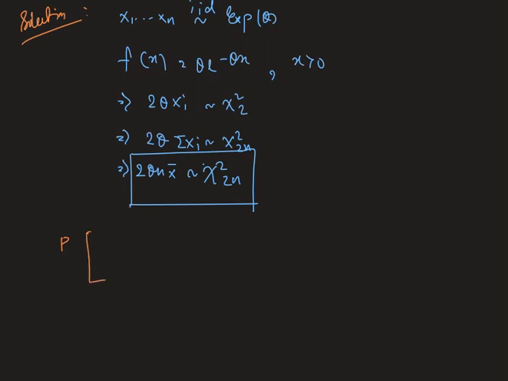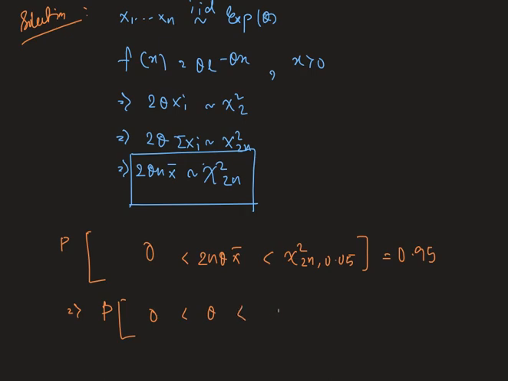Hence, we can write the probability that 2n theta x bar is in between 0 to chi square 2n comma 0.05 is equal to 0.95, or we can write theta is in between 0 to chi square 2n comma 0.05 divided by 2n x bar is equal to 0.95.